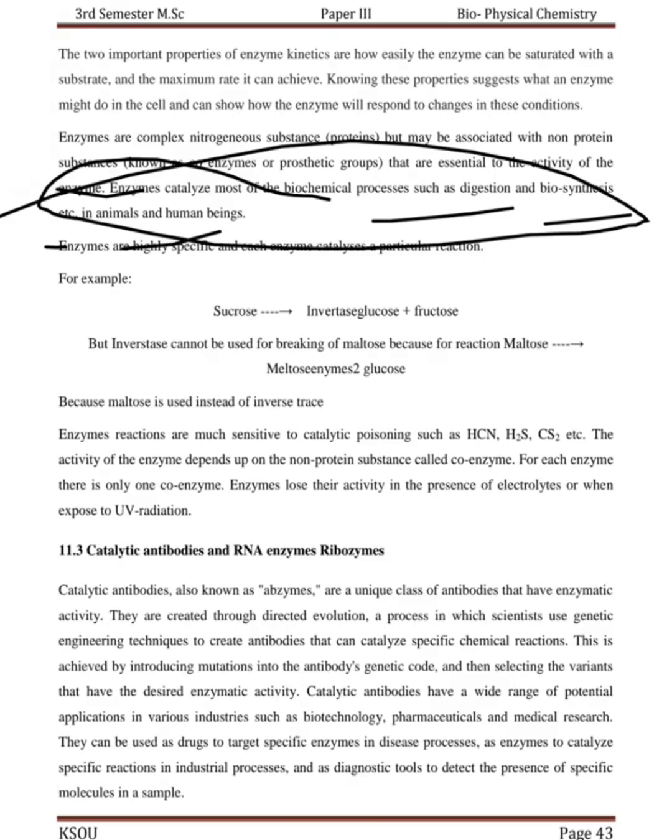Chemical kinetics is for general chemical reactions which we are going to conduct in an experiment. So those are known as chemical kinetics. Enzyme catalysis or enzyme kinetics is what takes place inside the body of an animal, like digestion and biosynthesis. It is mainly of biochemical processes.